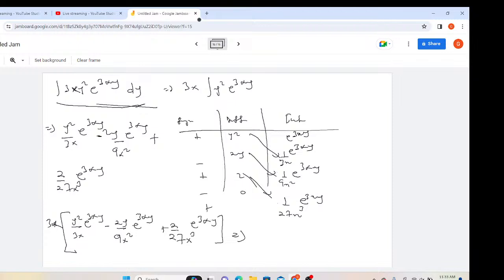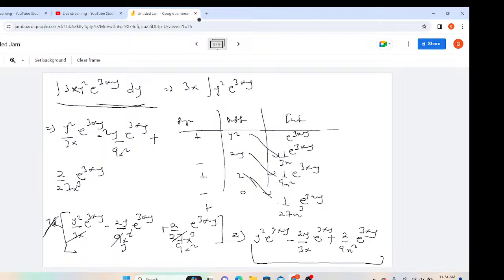The 3x cancels 3x here, so we are left with y squared exponential 3xy. Then minus 2y over 3x exponential 3xy, plus 2 over 9x squared exponential 3xy.